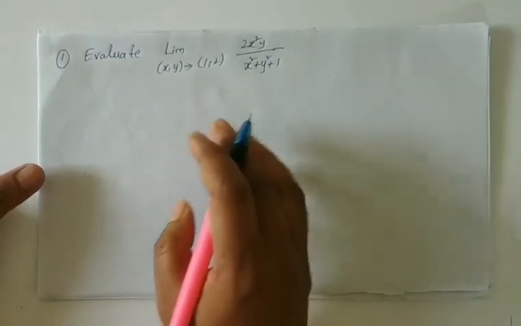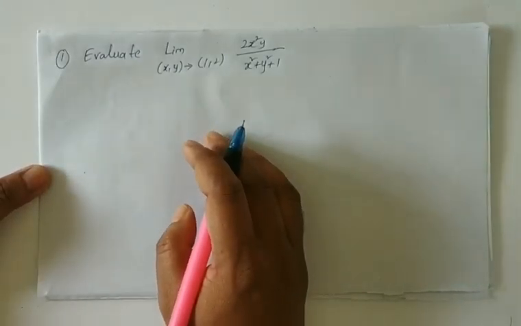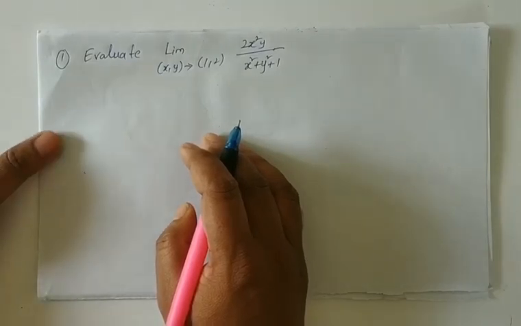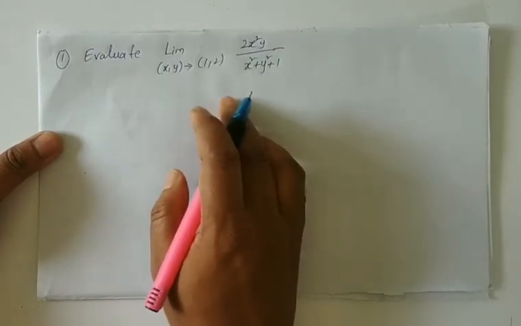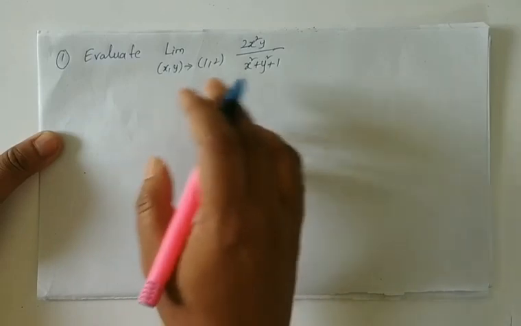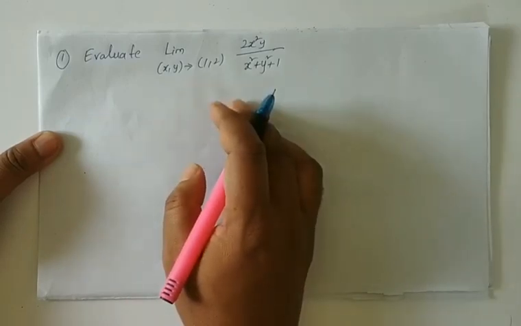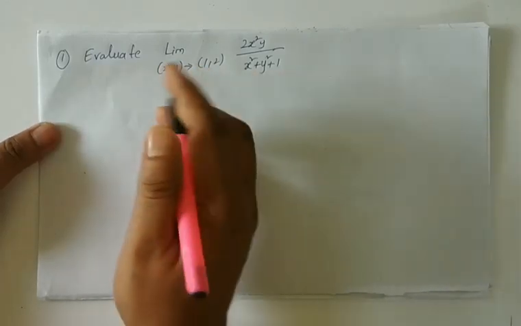This limit is nothing but a double limit. The limit of functions of two variables is nothing but a double limit.